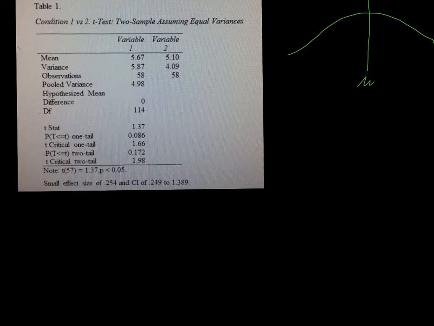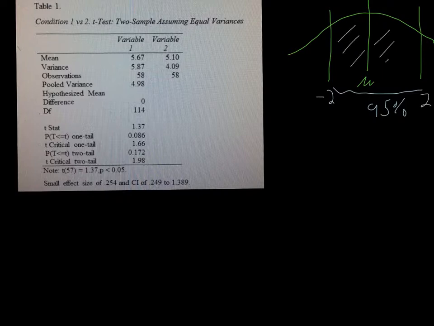By the time that we get out to 2 standard deviations approximately, we have actually gone about 95% of the way through our data. So at minus 2 standard deviations and positive 2 standard deviations, 95% of our population is what we're looking at there.